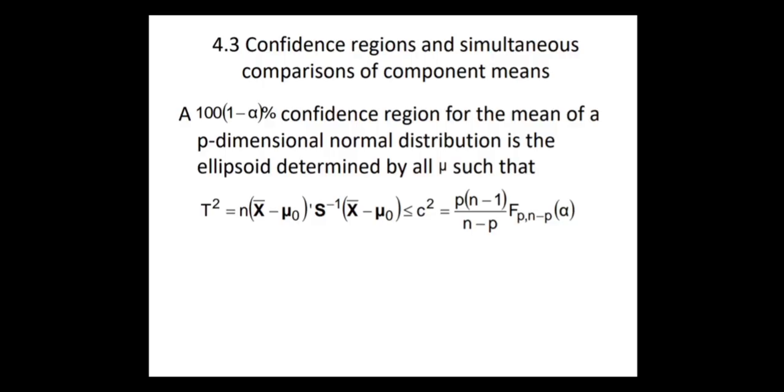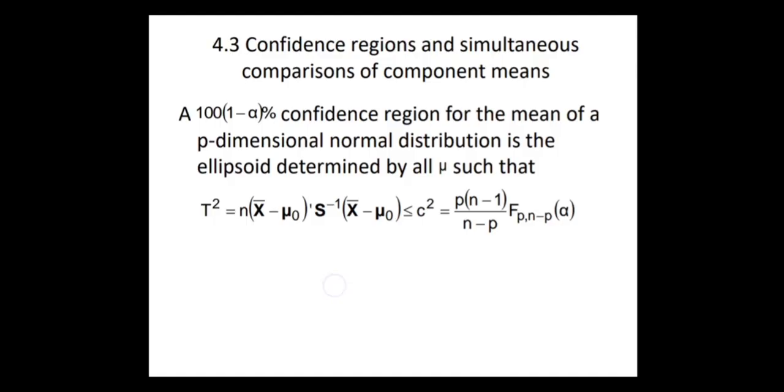Okay, actually we use the same concept, which is we test for the distance square, whether it lies in the confidence region or not. So from that we can say that the mean vector mu naught lies within the confidence region.